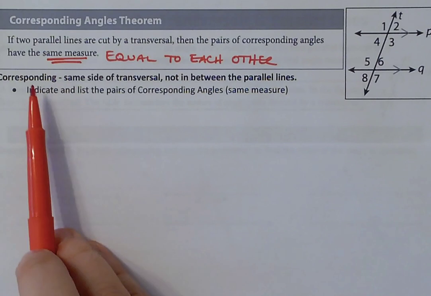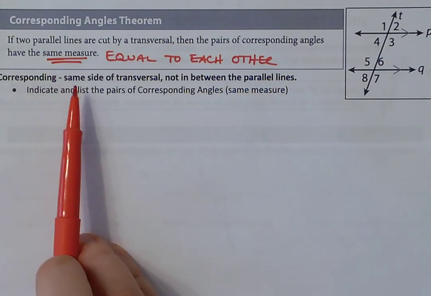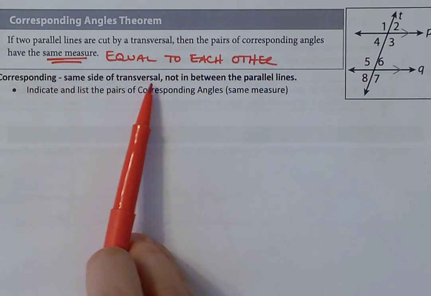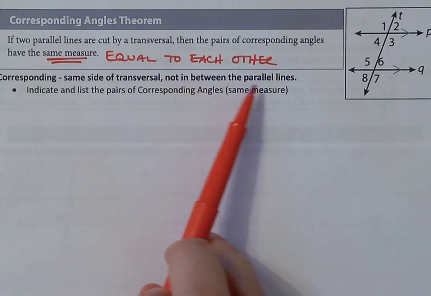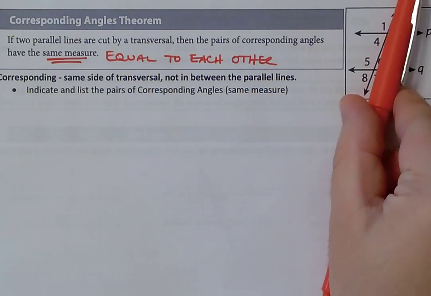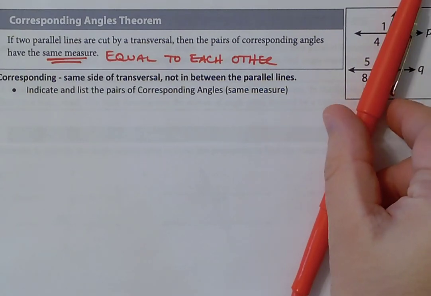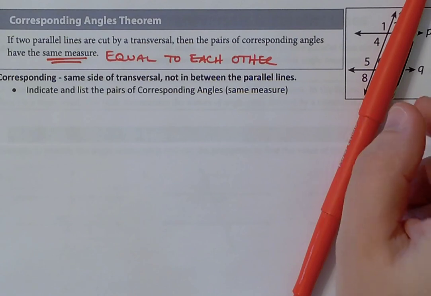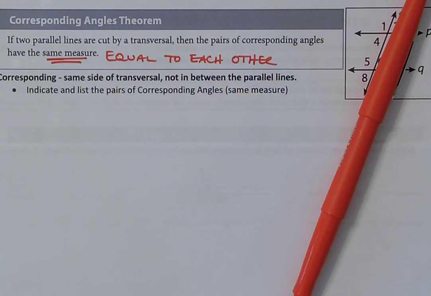All right, recall, corresponding angles are on the same side of the transversal, but they are not in between the parallel lines. They are on the same spot of the parallel lines. So, same side of the transversal. If we focus on the left side, they are not in between, but they are on the same part of the parallel lines.